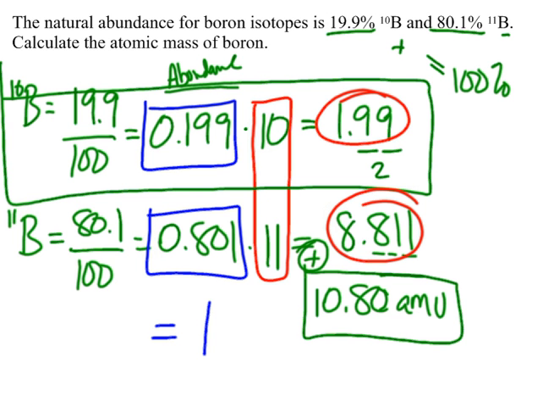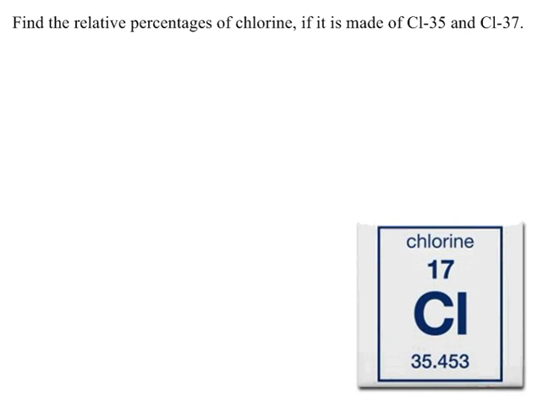All right, so that's how you calculate an average atomic mass based on the abundance and the mass of each isotope. Now, the other practice or skill that I'm going to have you do is, if I give you the average atomic mass, which is given in the periodic table, I want you to tell me the relative percentages of an element. So what kind of information do I have?